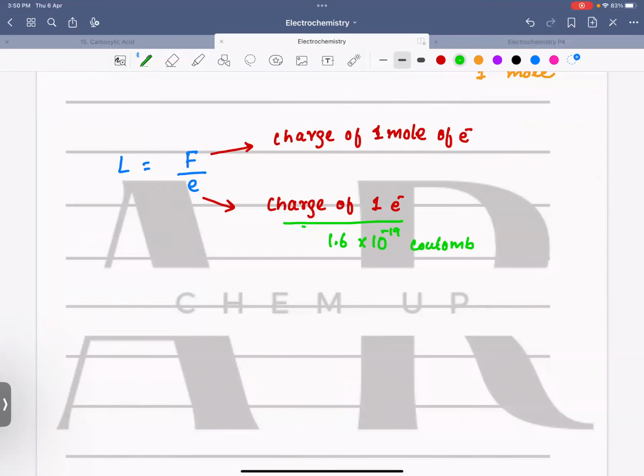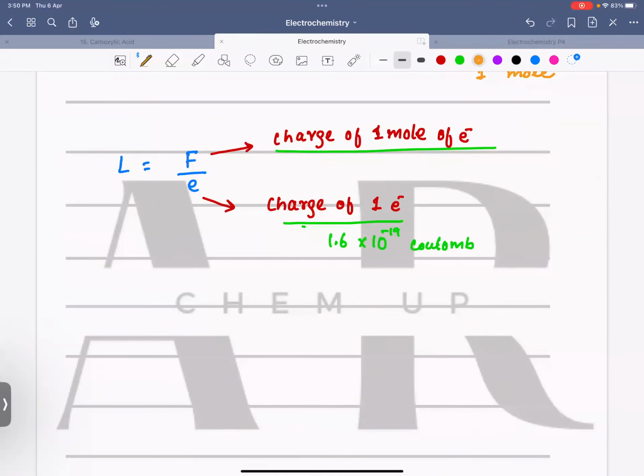And you are also aware of the charge of 1 mole of electrons, which is 96500 coulombs.